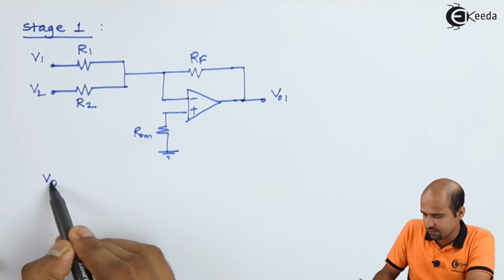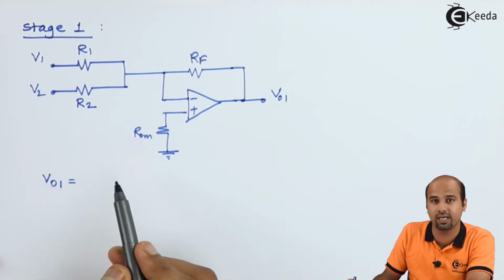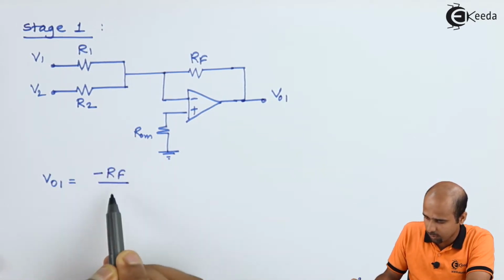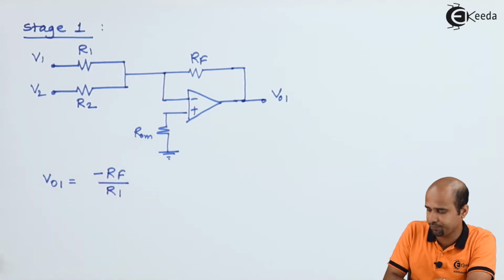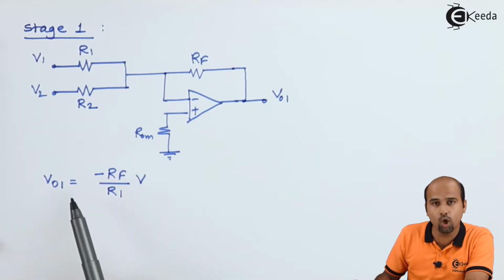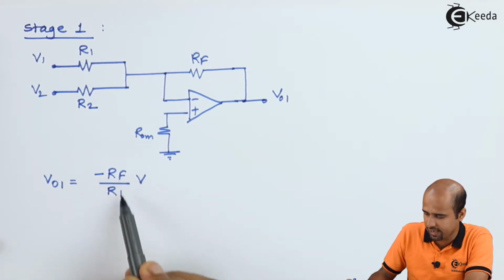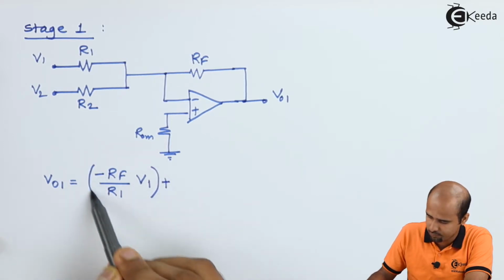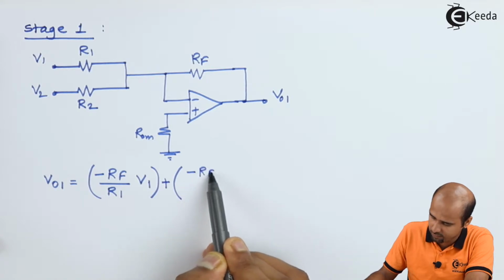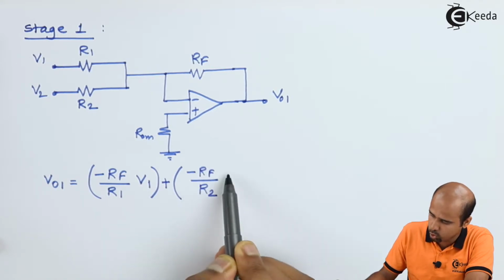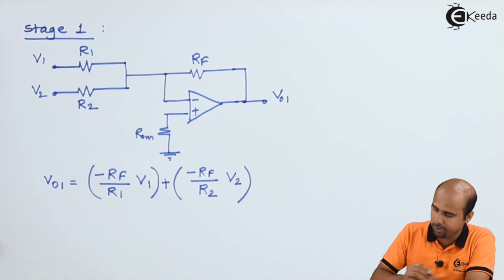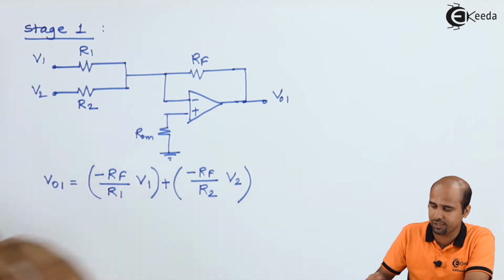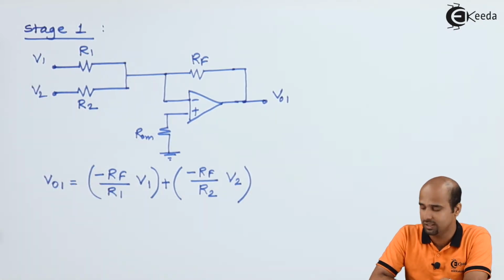We will directly write down VO1 is equal to minus RF upon R1 into V1 plus minus RF upon R2 into V2. I am treating this very separately because I know that V1 and V2 have different values, right?